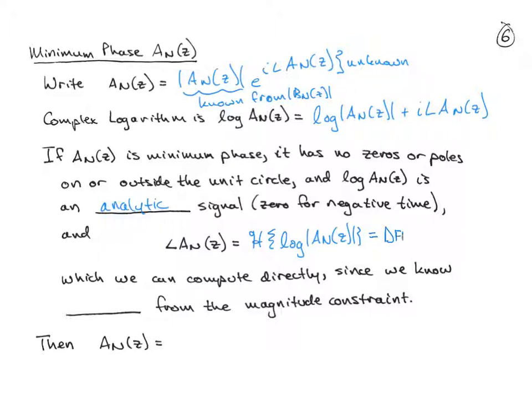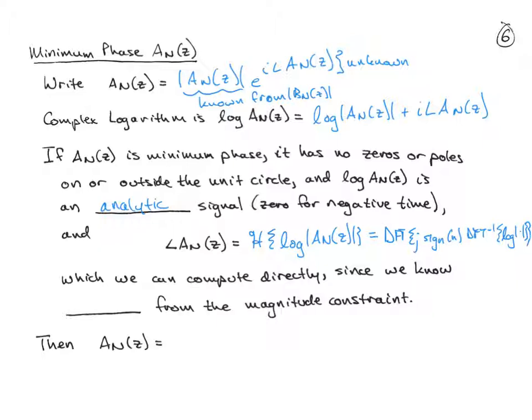And that is equal to the DFT of j times sine of n times the inverse discrete Fourier transform of the log of the magnitude profile, which I'm running out of space, so I'm just going to use a dot for that.